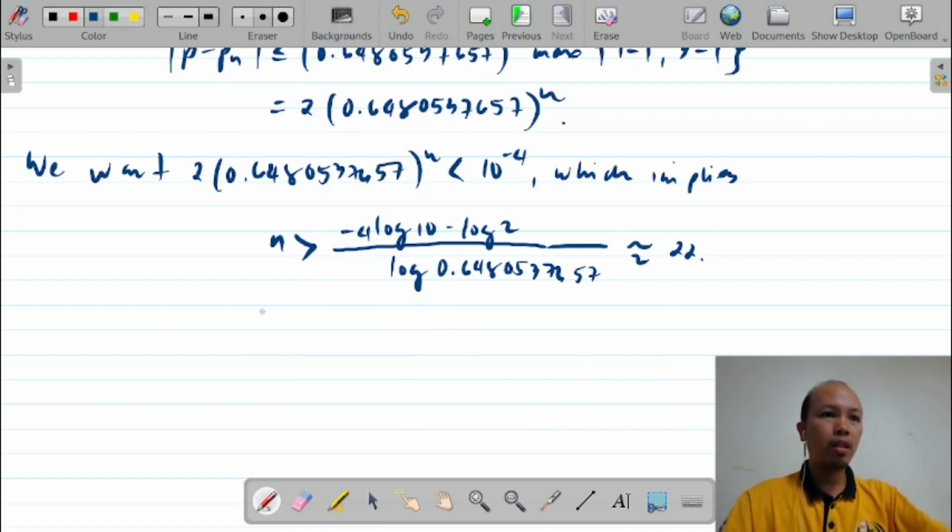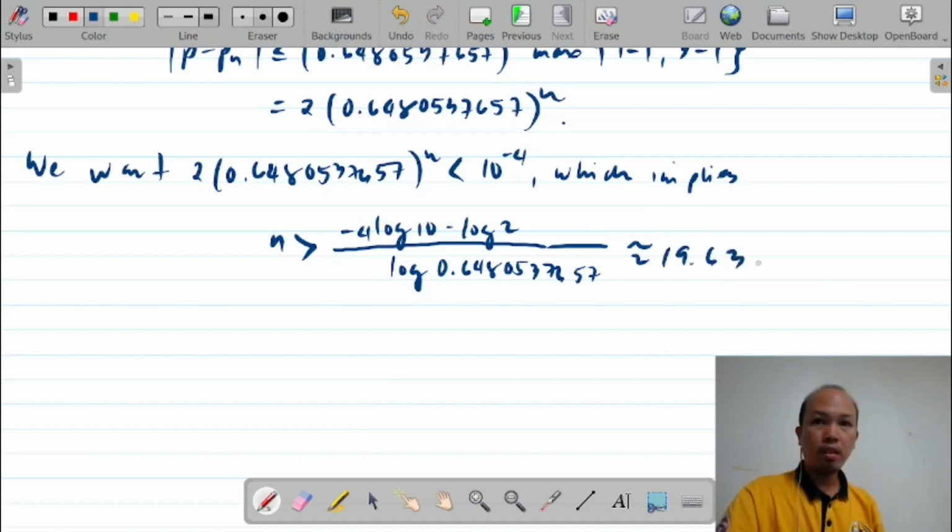Okay, so we have 19.63, therefore we need 20.